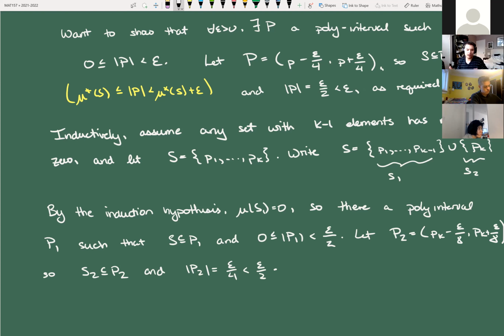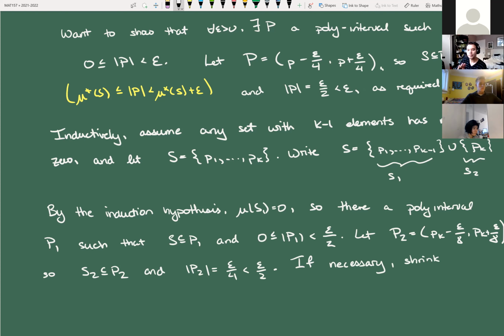And let's say, yeah, I mean, you can obviously shrink P1 if you want, or P2 if you want, to make sure that they're disjoint. So let's just assume that you can do that, right? So if necessary, actually what I would do, I would shrink P1. Because you said explicitly what P2 is, so you don't want to set it explicitly and then say, well, shrink it.